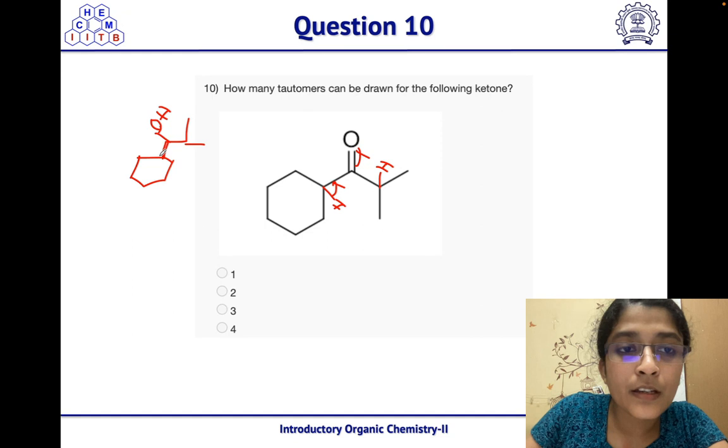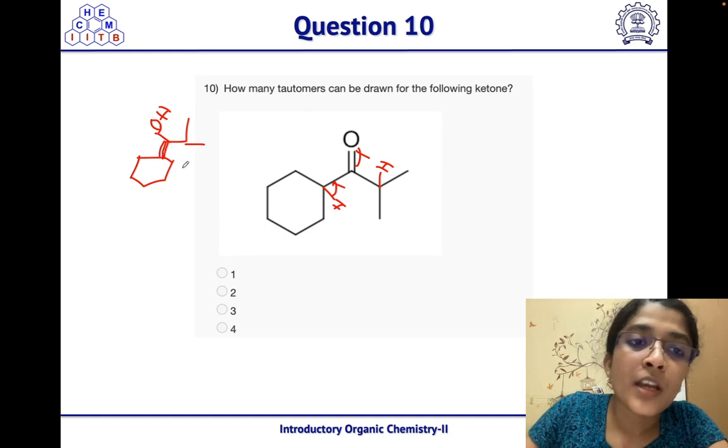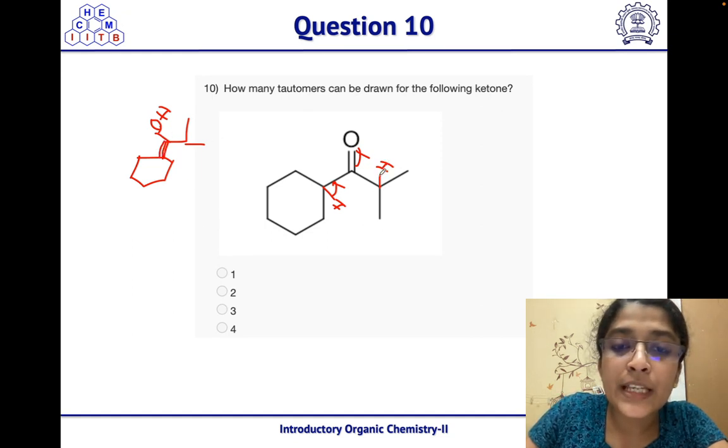This is the double bond. If abstraction of proton takes place from this side, it will give this tautomer: OH, double bond.